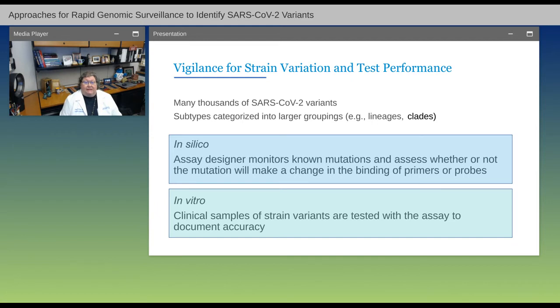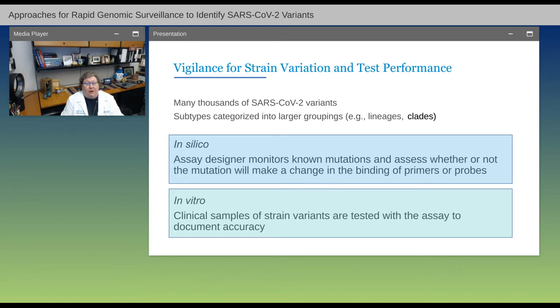Now, in our testing menus, we need to understand that we need to continue to be vigilant for strain variation that could impact our test performance. We know that there are many thousands of SARS-CoV-2 variants, and the subtypes are categorized for us into larger groups, sometimes called lineages, clades, variant groupings.